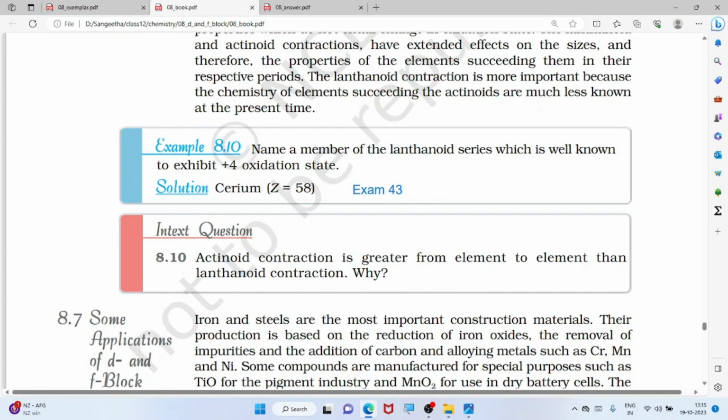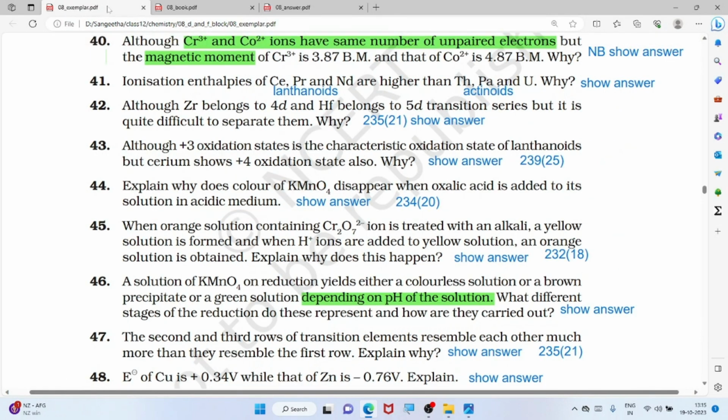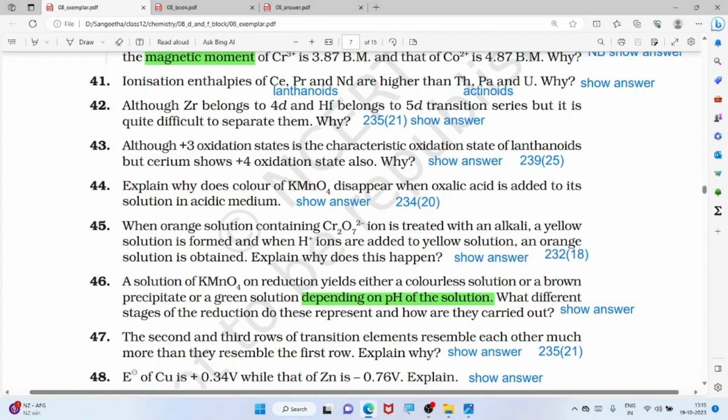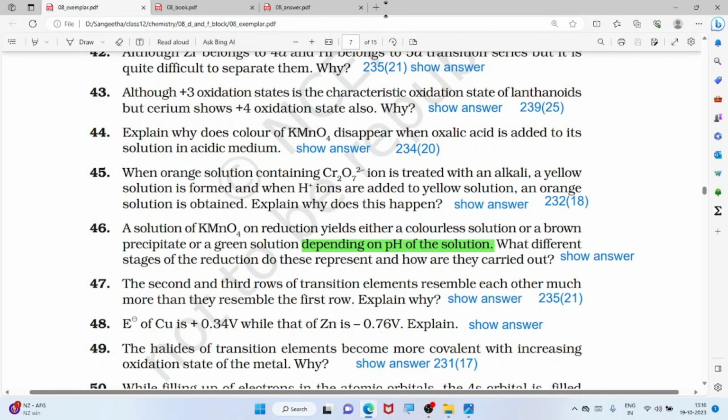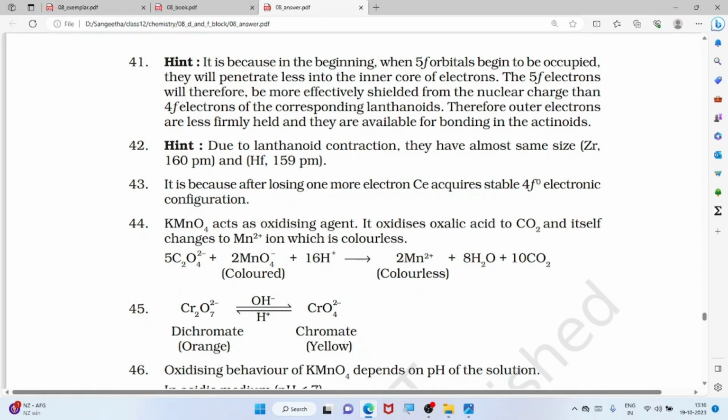Okay, plus 4 oxygen, this attains the stable configuration. Explain why the color of the KMnO4 would disappear when oxalic acid is added to the solution in the acidic medium. 44.